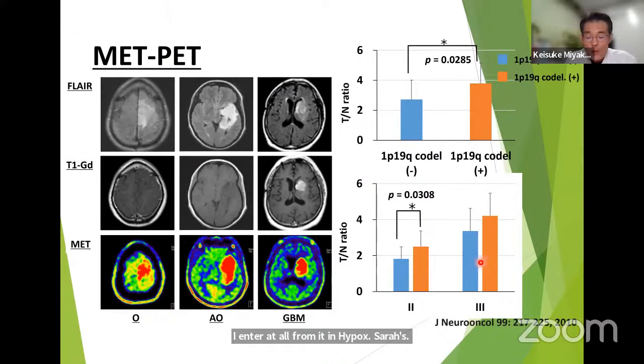Our study demonstrates that oligodendroglioma WHO grade 2 and 3 tend to have higher accumulation of methionine despite a lower WHO grading than glioblastomas. We have to carefully consider the evaluation of glioma grading using only methionine accumulation.